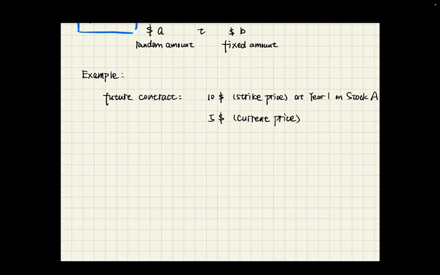And let's say the current price of stock A is $5 at year 0, which means it's right now. Let's see what the profit will be.